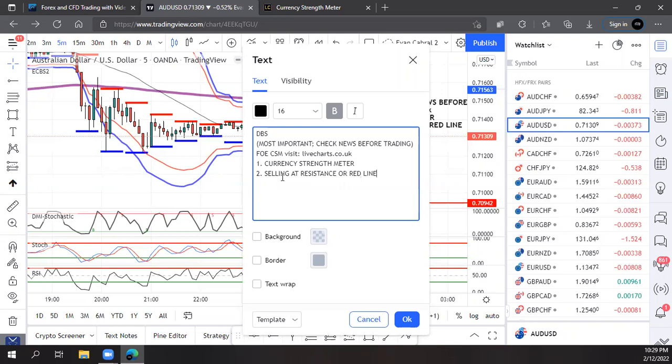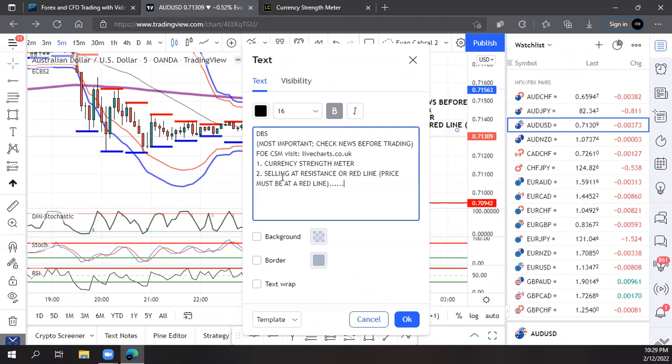Resistance or red line. Now in brackets, I'm going to put something: price must be at a red line, for the sake of our newbies. So price must be at a red line.